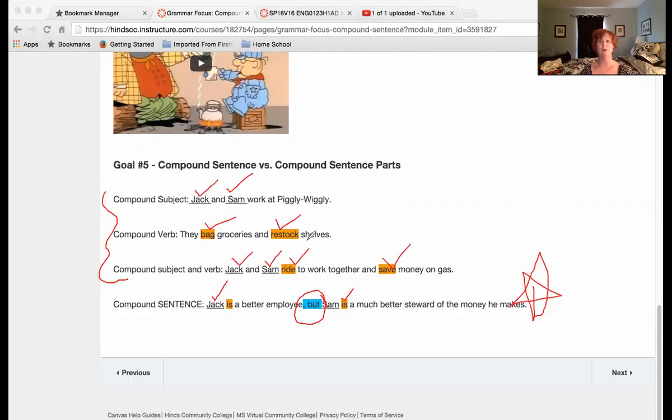Compound verbs do not make a compound sentence. Compound subjects and compound verbs do not make a compound sentence. Only when you have a complete sentence on one side, followed by the comma and the conjunction, and a complete sentence on the other side, do you have a complete compound sentence.